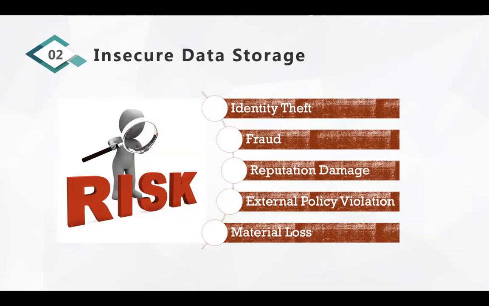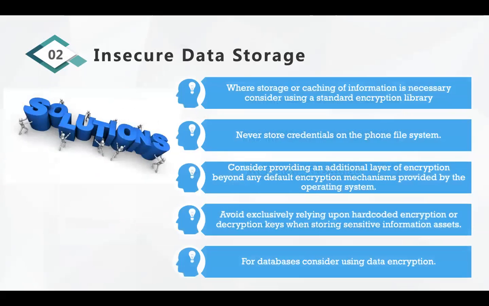Now we know what insecure data storage is and the risk, but how to avoid it? There are some solutions. Firstly, where storage or caching of information is necessary, consider using a standard encryption library. Second, never store credentials on the phone file system.